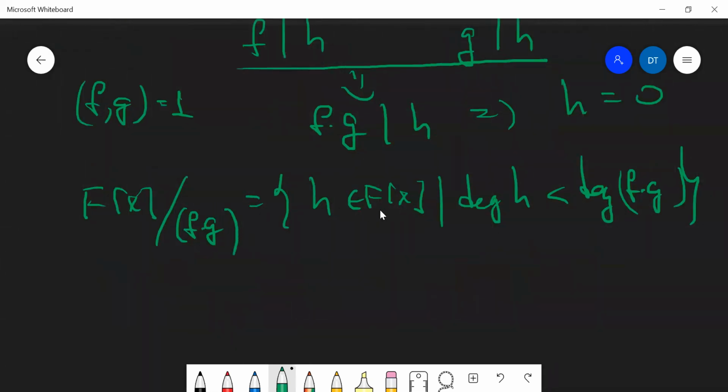I consider all remainders with respect to this polynomial, which is just a product of polynomials f and g. So I consider all polynomials of degree strictly smaller than this polynomial.